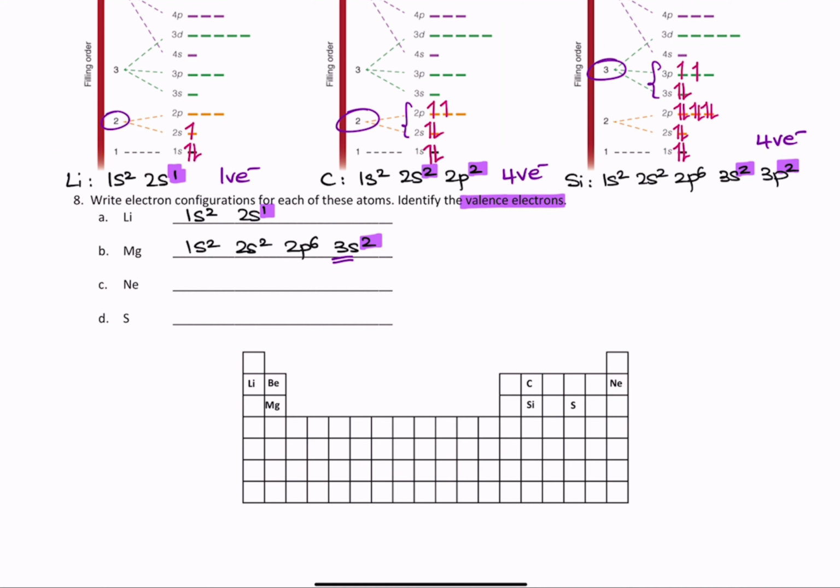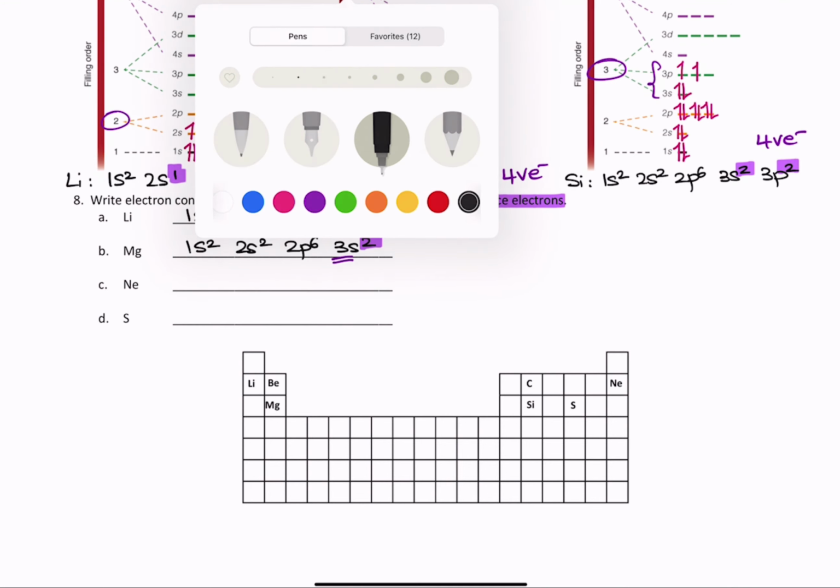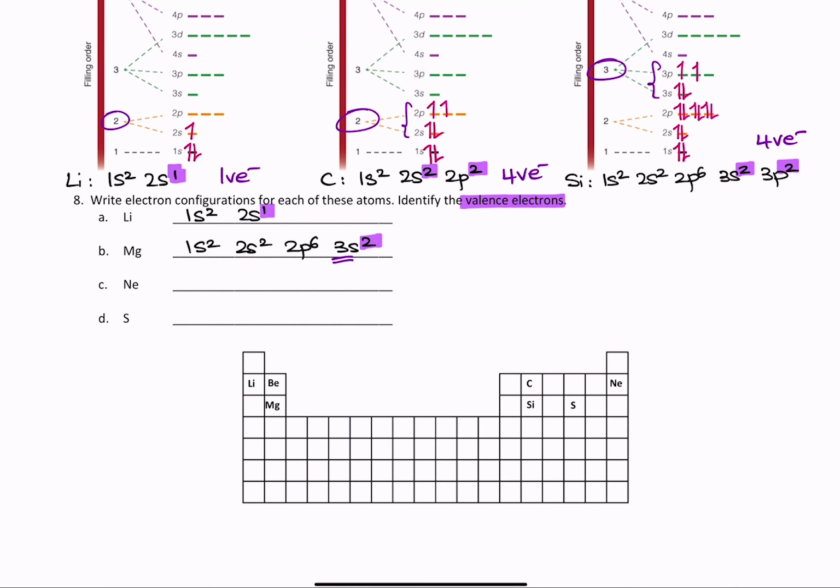so 2 valence electrons. For neon, I need to place 10 electrons. Therefore, I'm going to have 1s2, 2s2, 2p6. The outermost level of energy is 2, and I have electrons in the 2s and in the 2p for a total of 8 valence electrons.